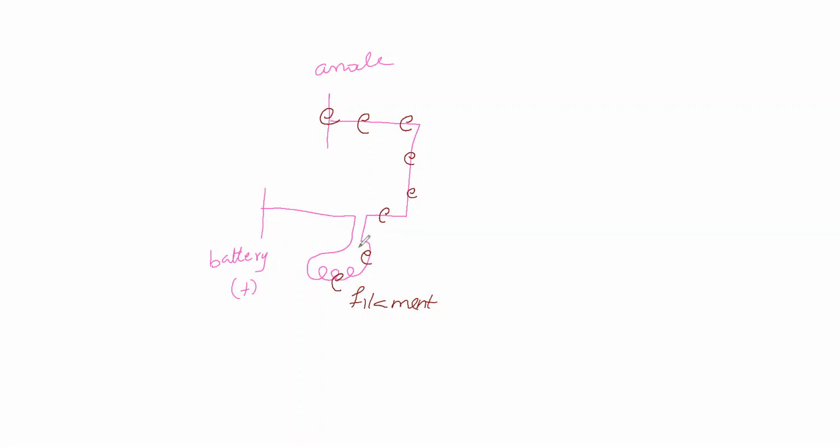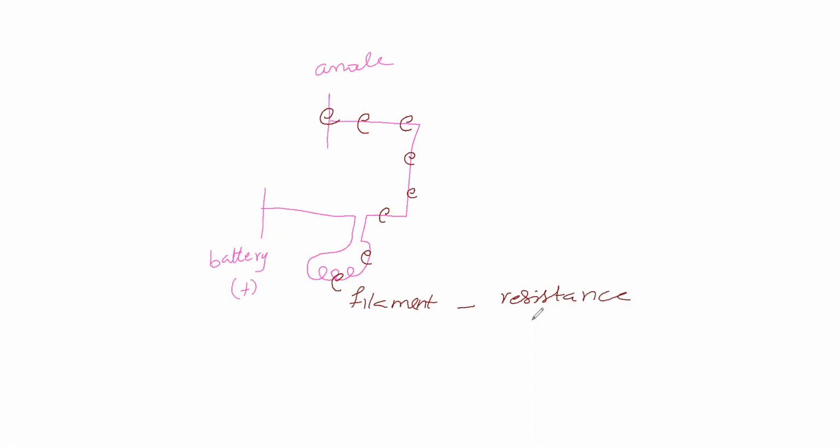Generally, will the filament have lesser resistance or higher resistance when compared to the metal wire? Oh, okay, higher resistance you are saying. So this filament has higher resistance when compared to the metal wire.